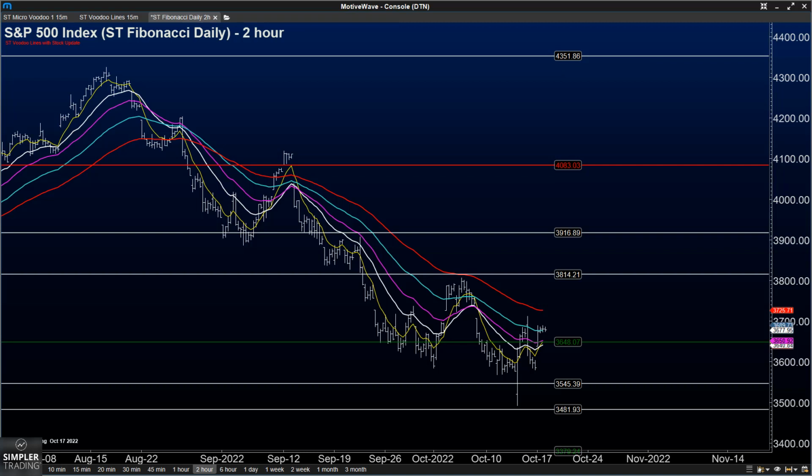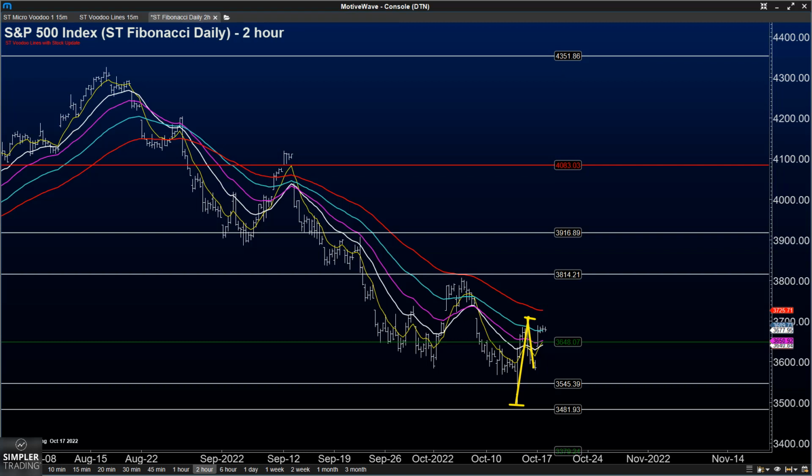Certainly I'm going to give the upside the benefit of the doubt so long as the S&P holds this 3648 Voodoo tree line. But other things that I'm looking at, recognizing that Elliott wave informs our Fibonacci and Fibonacci informs our Elliott wave, right? We have this sharp move up from Thursday's low to Friday's high, and then a pullback into Friday's low.